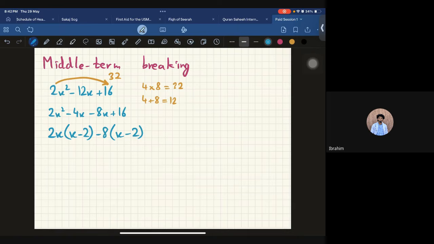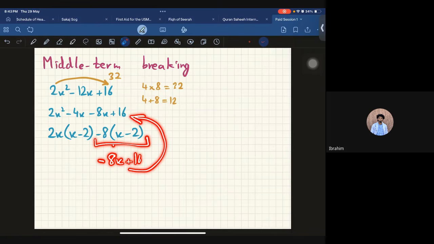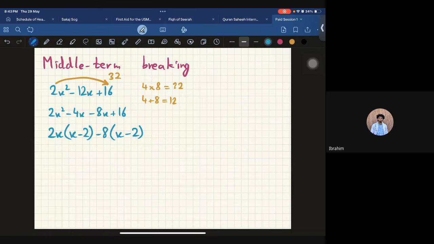Okay? We can also check that we've done this correctly. If we open this bracket, we would get 2x squared minus 4x, which is the same as this. And to check this, if we multiply minus 8 with the bracket, we get minus 8x plus 16, which is the same as this. Theek hai? Now we have two brackets, so we'll take those common.